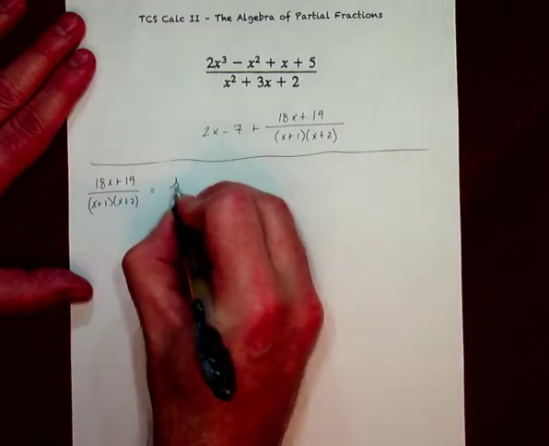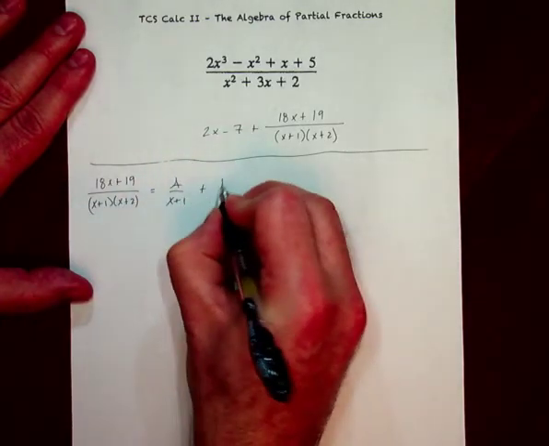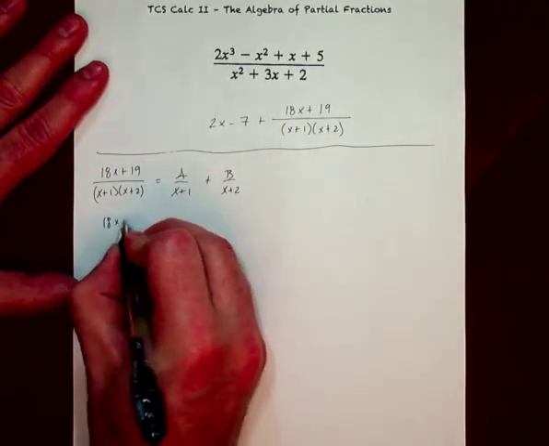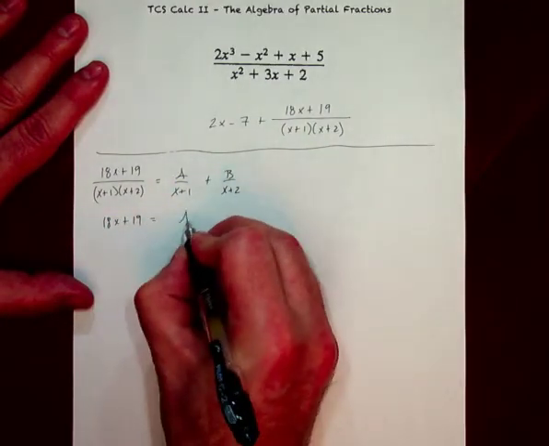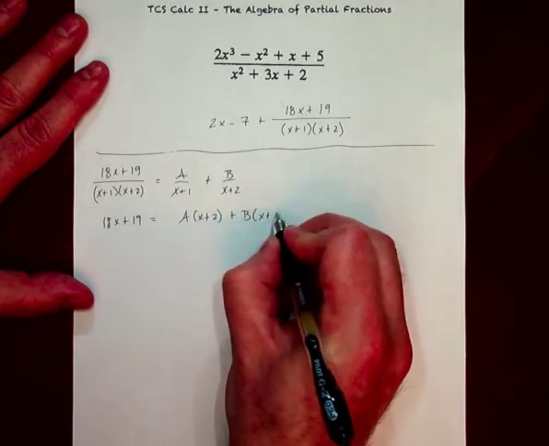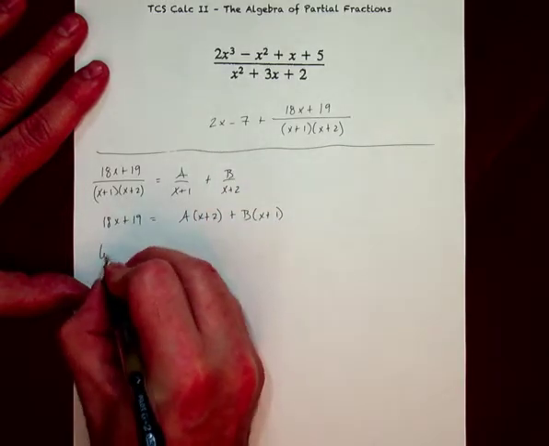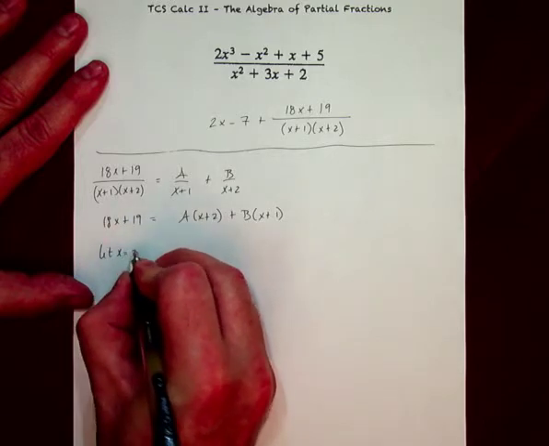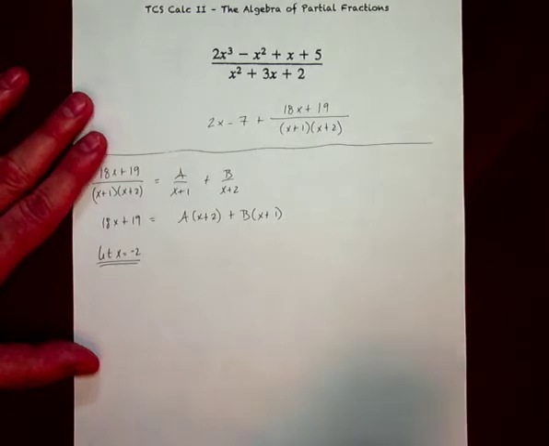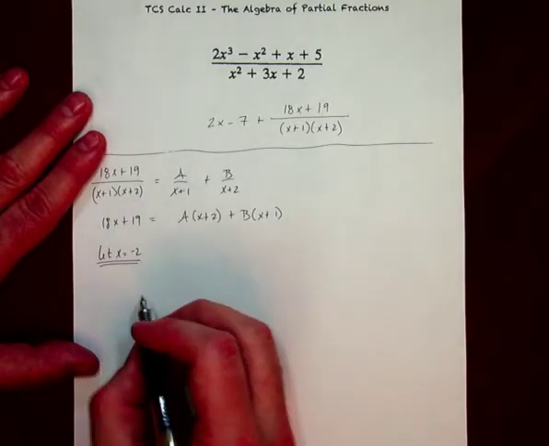And we get A over x plus 1 and B over x plus 2. We get 18x plus 19 is equal to A times x plus 2 plus B times x plus 1. Basically you just go on and do it the way that you normally would, but you just have to remember to do the division first, because otherwise it just doesn't work.